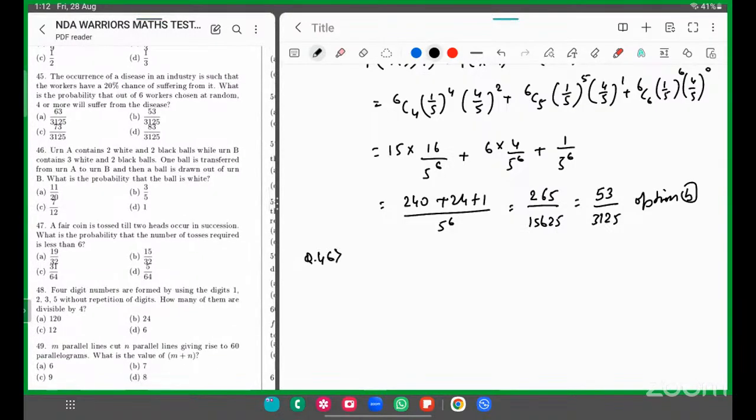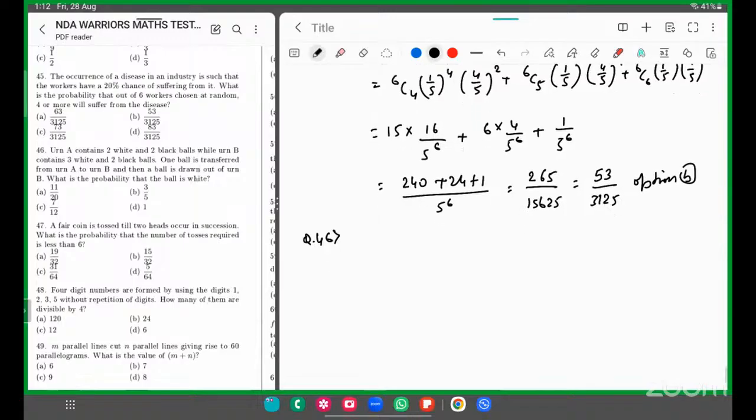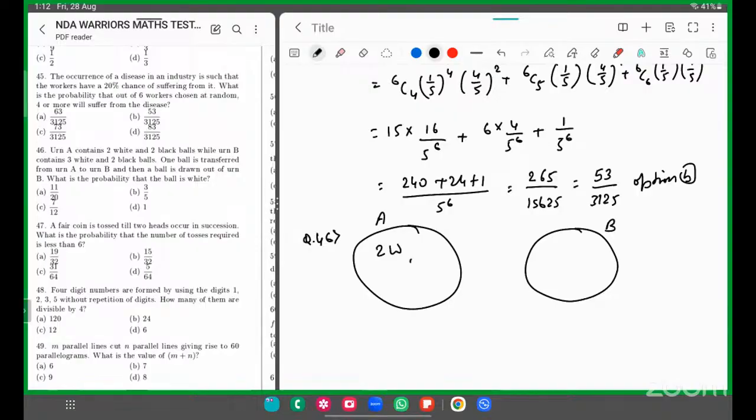Urn A contains 2 white and 2 black balls, while urn B contains 3 white and 2 black. One ball is transferred from urn A to urn B, and then a ball drawn out of urn B is white. There are two urns, A and B. Urn A has 2 white, 2 black. Urn B has 3 white, 2 black.